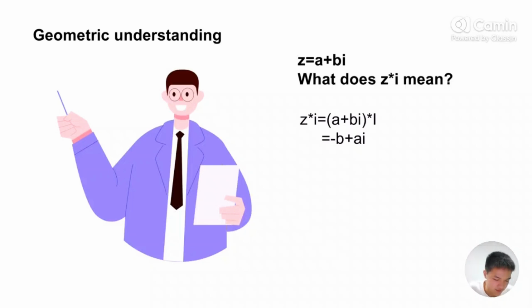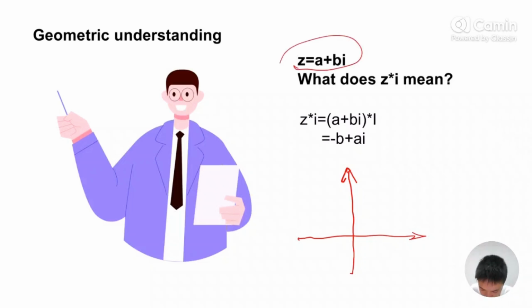Now let's think about the geometric understanding. What does z multiplied by i mean? z equals a plus bi. So here is our vector z.